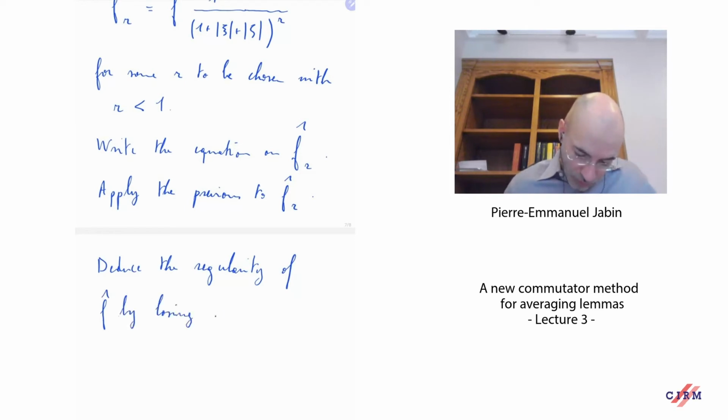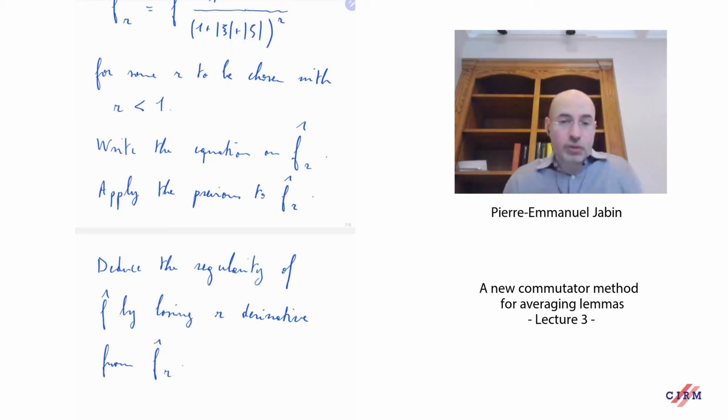And you lose R derivatives from F at R. So again, the larger R, well, the less you get in the end.